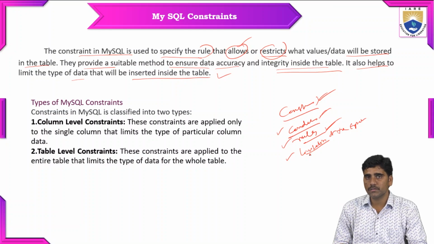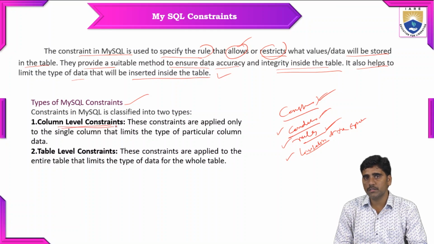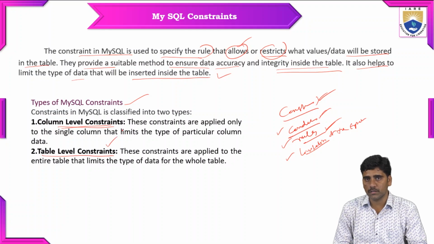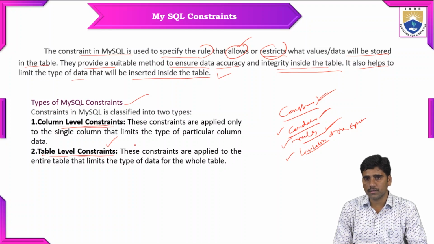So, types of MySQL constraints. Basically, there are two types of constraints. One is column level constraints and the second one is table level constraints.